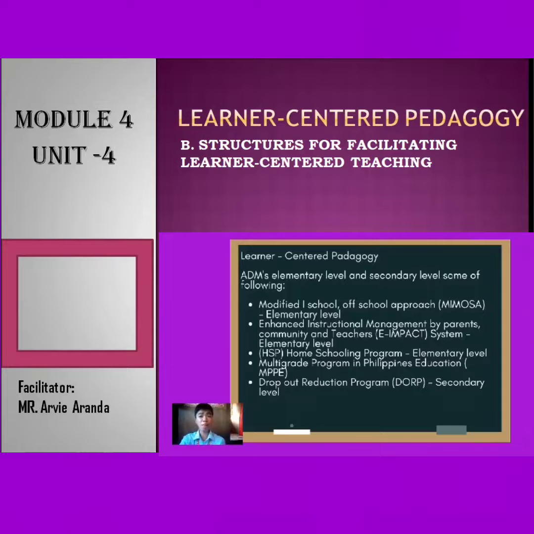So it is very important to address the learning needs of the pupils, or our students or children, especially those students at risk, in order to help overcome the economic constraints of their schooling. ADM has both elementary and secondary level classroom methods.